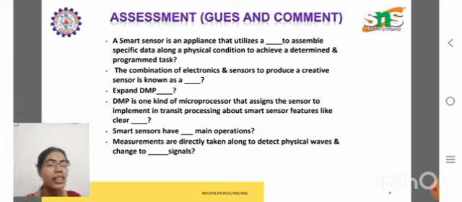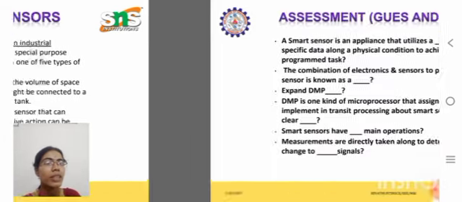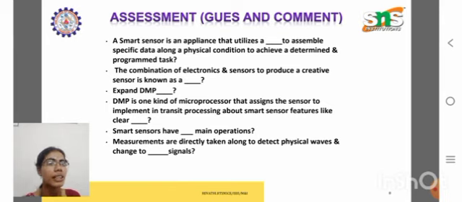The next slide is dealing with assessment. A smart sensor is an appliance that utilizes a device to assemble specific data about a physical condition to achieve a determined and programmed task. The combination of electronics and sensor to produce a smart sensor is known as expand DMP.